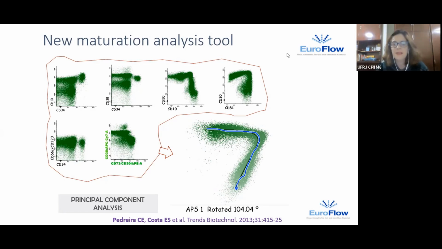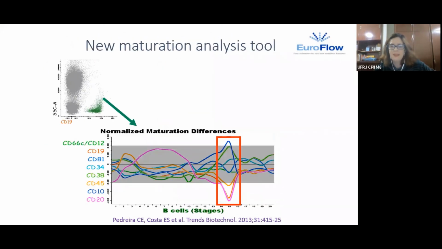But now the example is in BCP. So we have a starting point in CD34 positive cells, and we have here an arrow defining the root of this pathway, and this pathway in several normal samples can be normalized as number of standard deviations along the pathway, and we can also compare the new case.